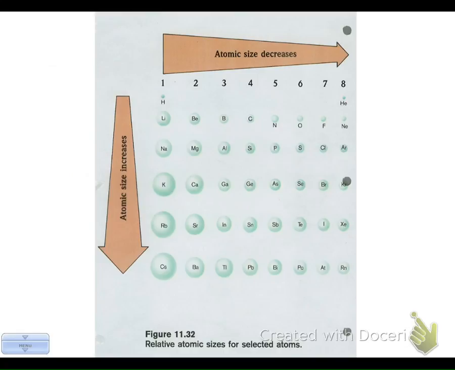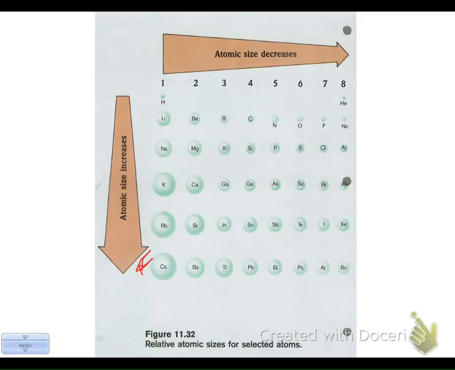The biggest atom that is not radioactive is cesium. Francium would get this award if it weren't radioactive. So as you go from alkali metals to alkaline earth metals, that's smaller, to the group 3 elements, smaller, carbon group is smaller, nitrogen group smaller, and the noble gases are the smallest. And toward the bottom of every group, you're going to have the biggest element in that group.